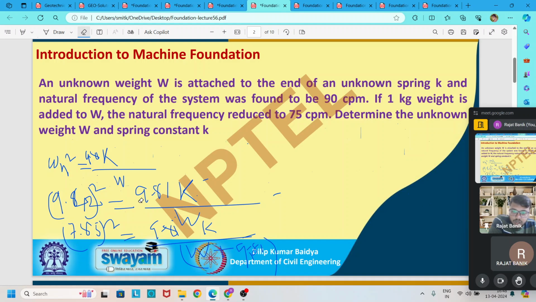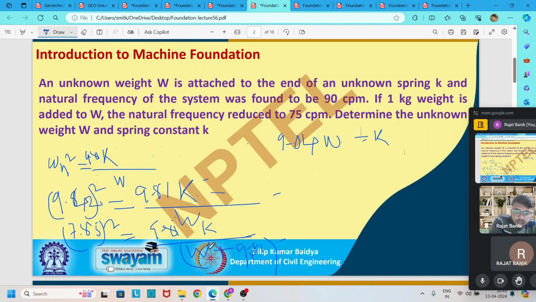So if we simplify, for the first equation, equation 1, k is equal to 9.42 square divided by 9.81 times w, which is 9.04 w.